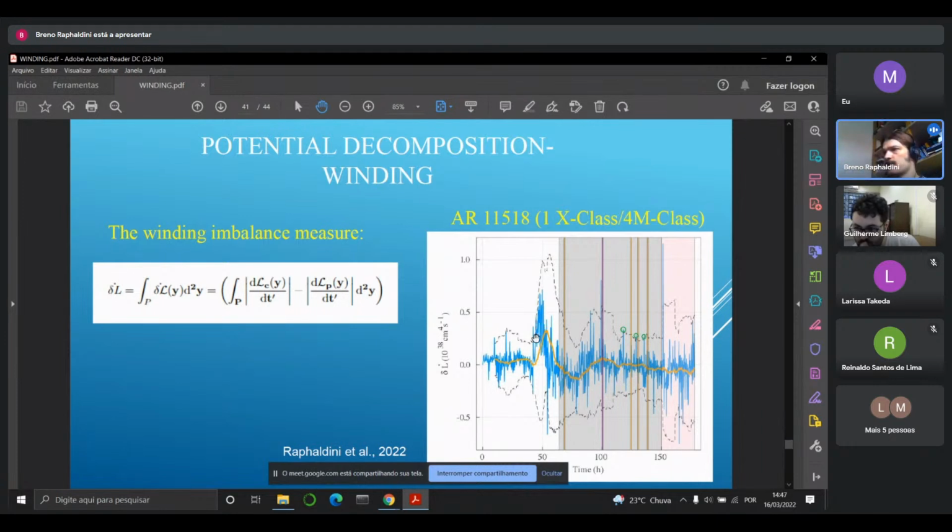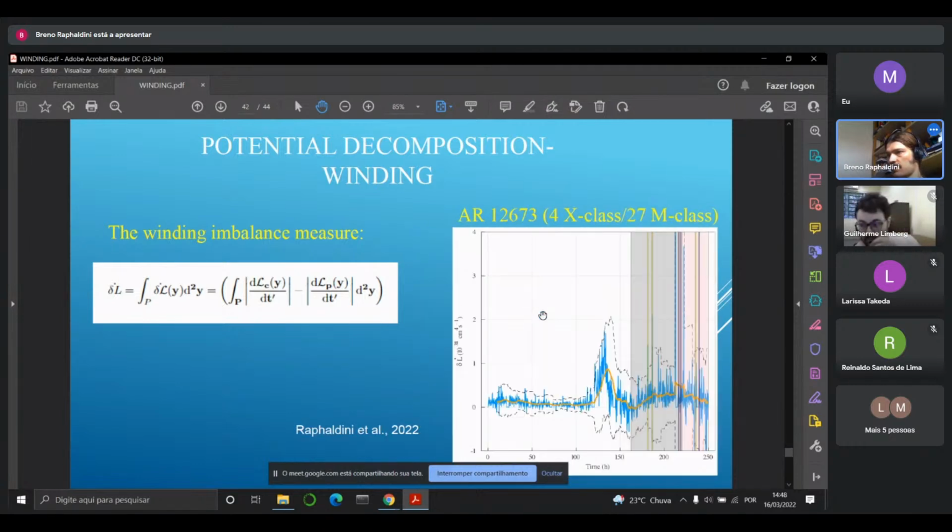And between this peak of input of current carrying winding, there's more or less about 60 to 70 hours. So I think it can be used at least as an indicator of a very likely occurrence of intense flares.